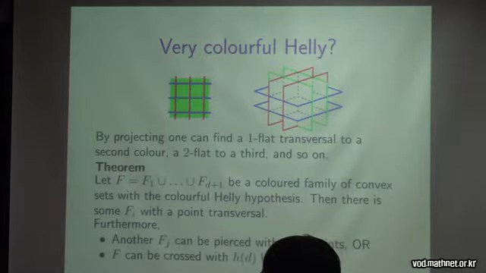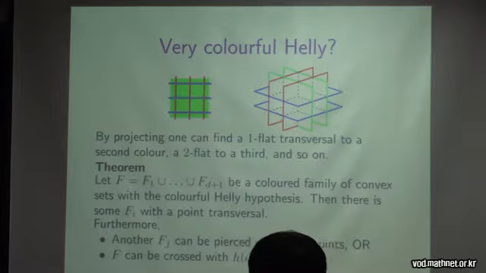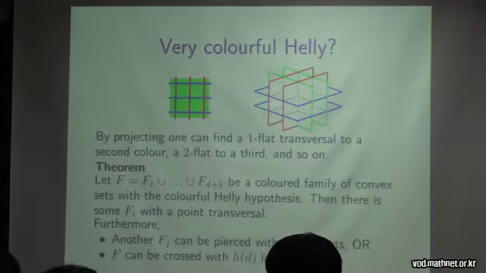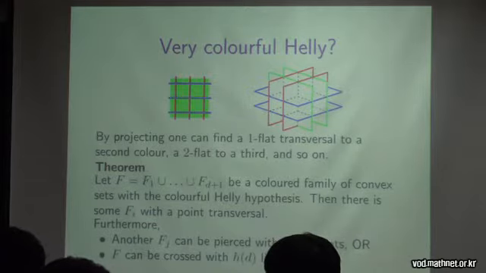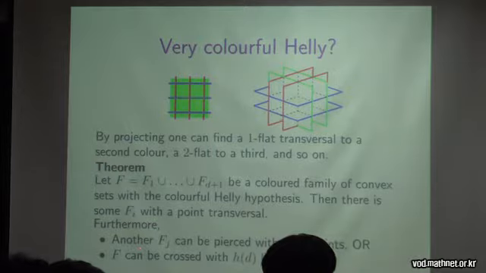And from this fact, for every direction you find a line that crosses all of the elements of one color, but maybe it's the same color for all of the directions. And then you don't say anything about the rest of the colors. So this one is saying that you can find a small set of lines that cross absolutely everything.